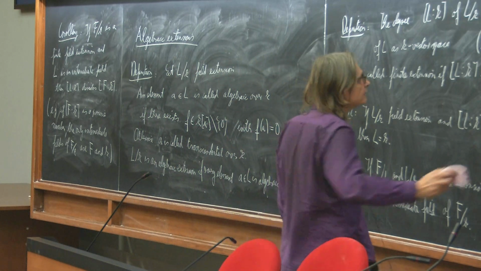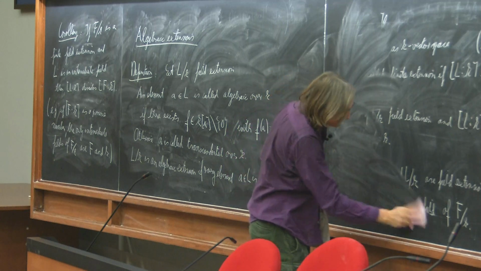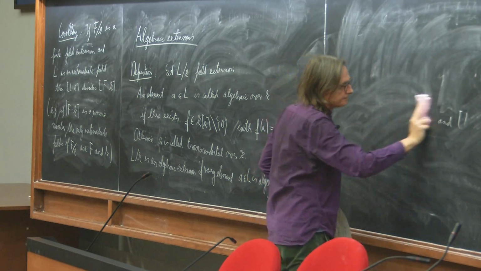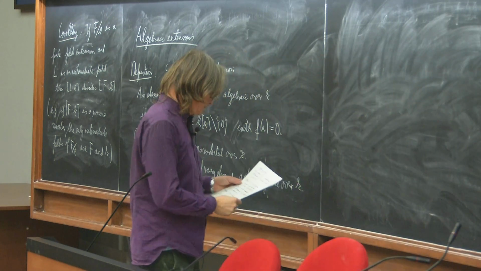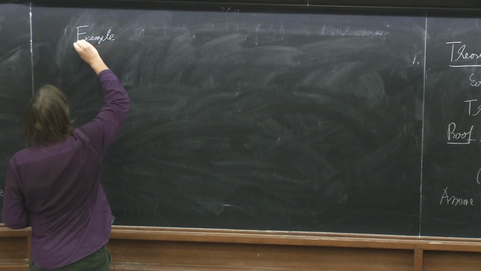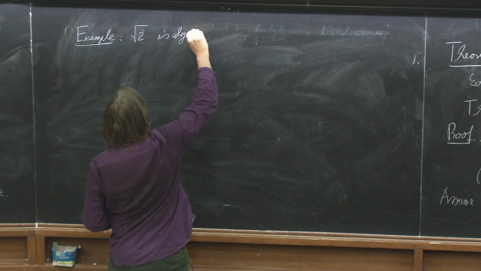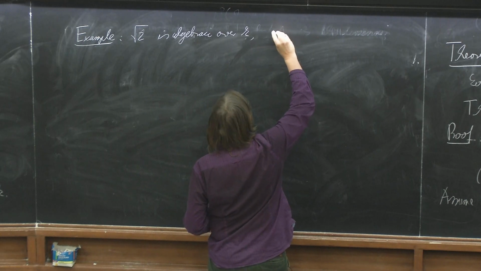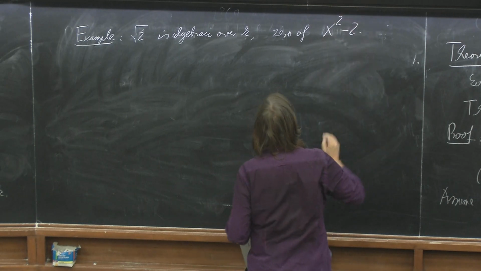Let me first give some examples of algebraic and transcendental elements. Example: for instance, the square root of 2 is algebraic over Q. It's a zero of the polynomial x squared minus 2.